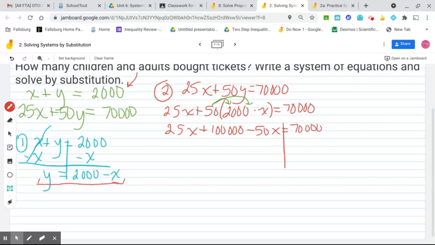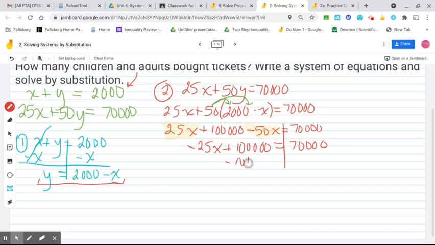Now I want to combine the like terms. So 25x and negative 50x. Well, 25 minus 50 gives me negative 25x plus 100,000 equals 70,000. Now I have that two-step equation.